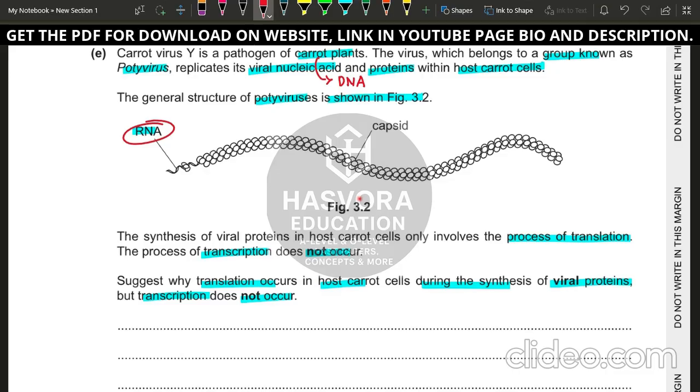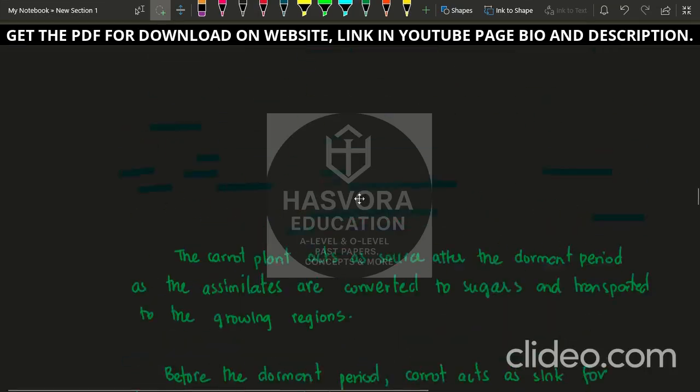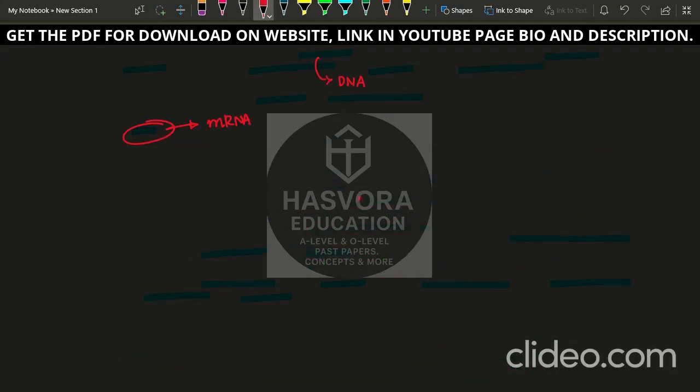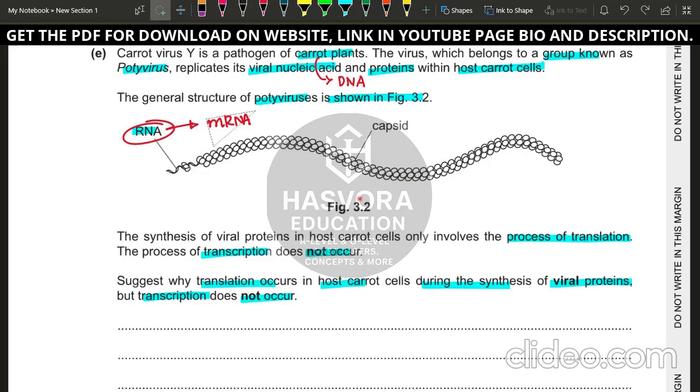You cannot transcribe from a DNA, and this RNA is used as an mRNA. So mRNA does not need transcription; it is just directly translated via the ribosomes that are already present in your host cell.